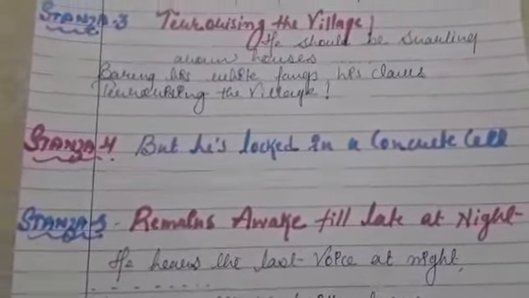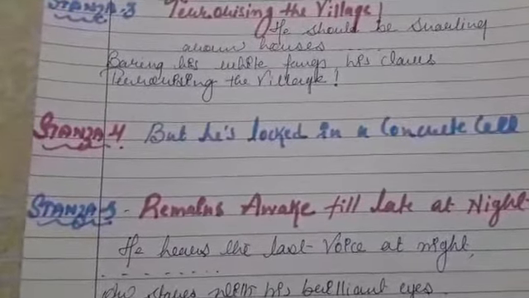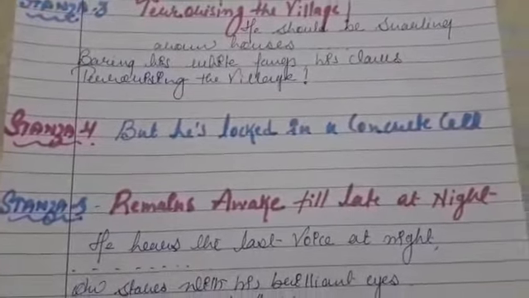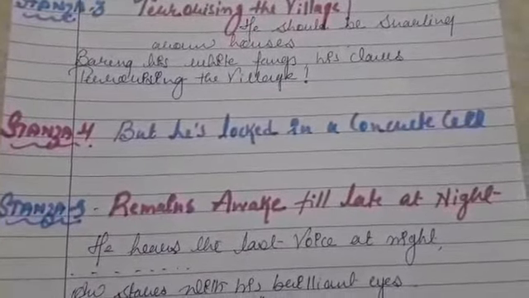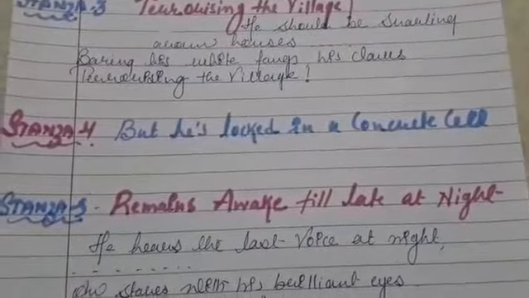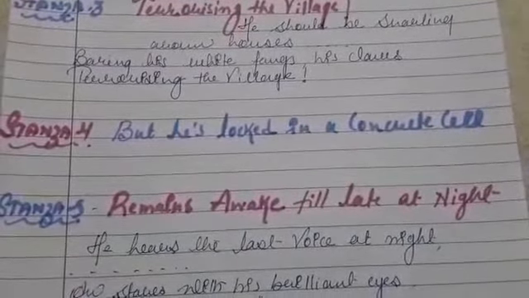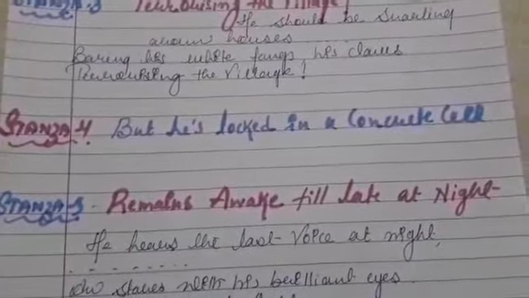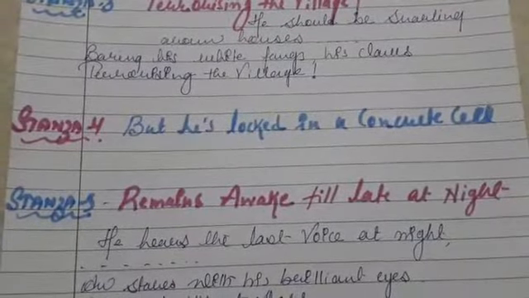His condition has become very painful. He doesn't know where to go. He doesn't know where to move around. He has been just locked up in a concrete cell. His movements are limited. He cannot run after his prey and hunt.